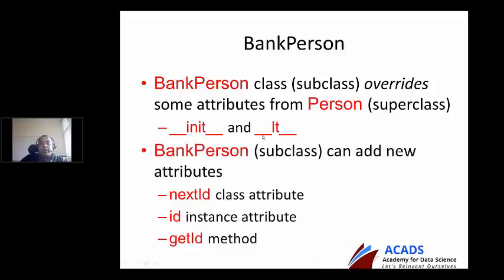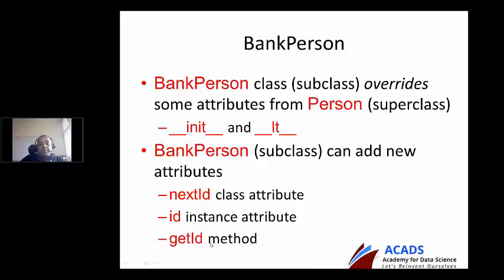Then bank person also added a few new attributes. In particular, it added a next ID, which is a class attribute. It added an ID attribute, which is an object specific attribute, and finally a get ID method, which returns the current ID. This is very similar to how we would write object oriented code or inheritance in any other language like Java or C++.